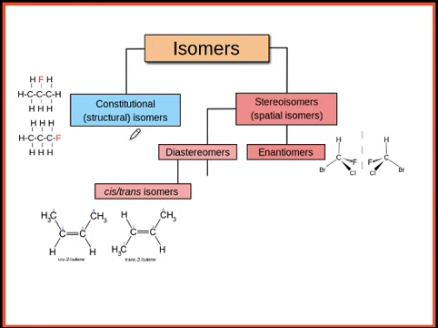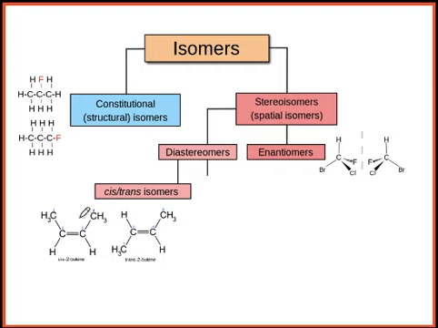So let's recap isomers. You have these structural isomers where you have basically just a change in the sequence, but it's the same molecular formula. Then we have stereoisomers, okay, which is basically that you're changing the 3D shape. For diastereomers, you have these cis and trans isomers, right?